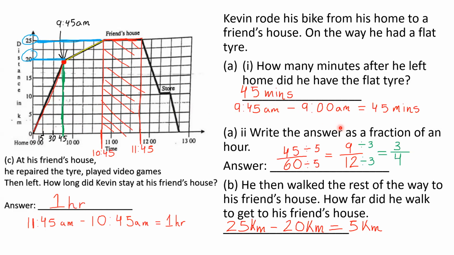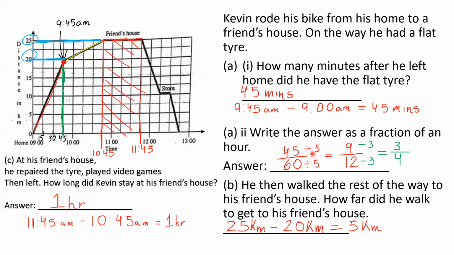For the second A, write the answer as a fraction of an hour. We have to convert the hour into minutes, which gives us 60 minutes. With 45, that gives us 45 over 60. It can be divided by 5.